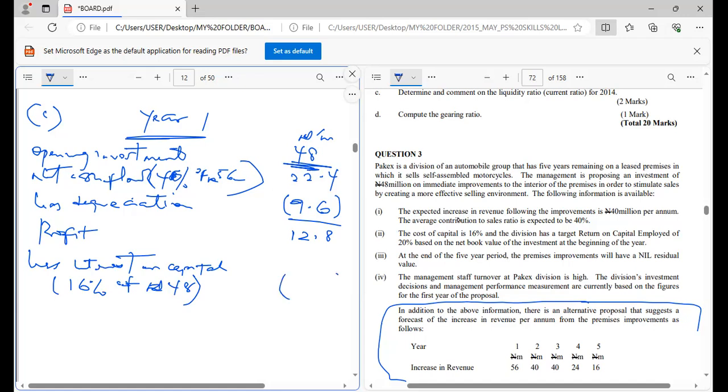What would that give us? 7.68. Subtract: 12.8 minus 7.68 gives 5.12.